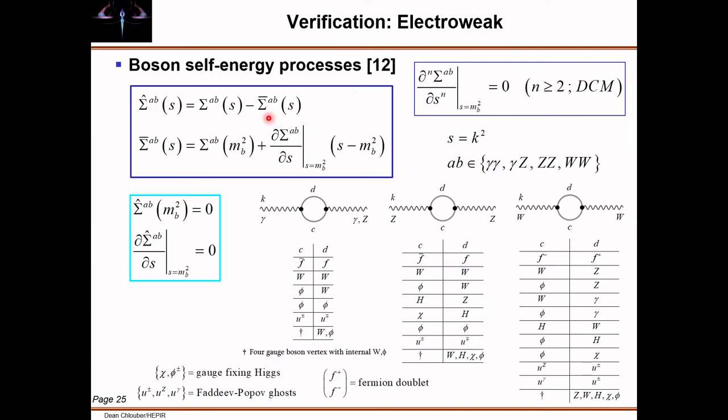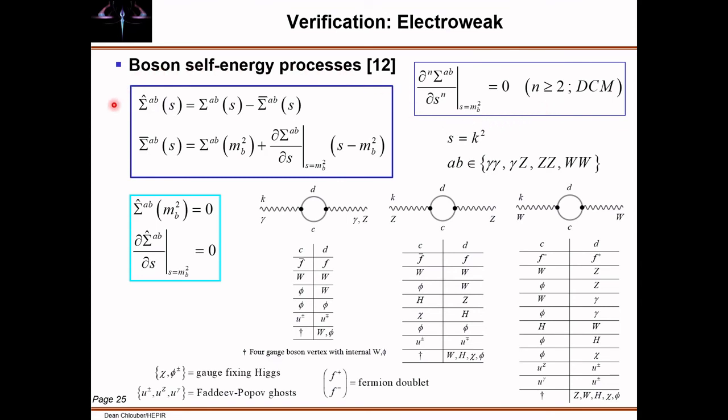To evaluate the dressed core amplitude, sigma bar, we expand the core in a Taylor series. And we find that only the first two terms of the expansion survive when dressed with vacuum energy. The higher order derivatives, evaluated on the mass shell, vanish for n greater than or equal to 2 when dressed.